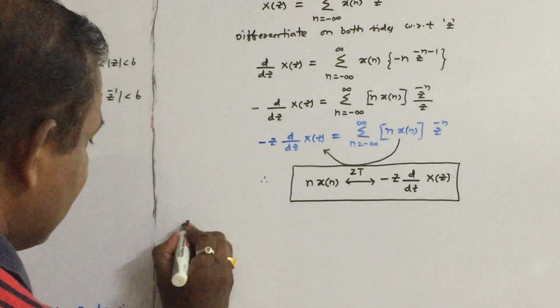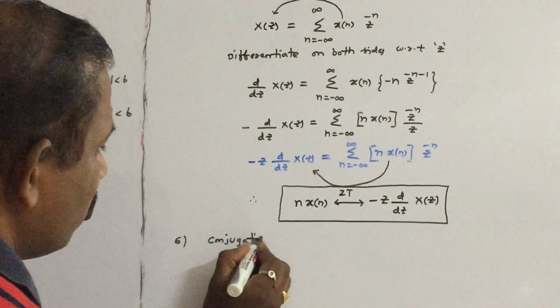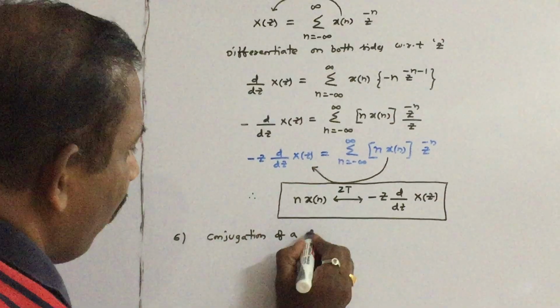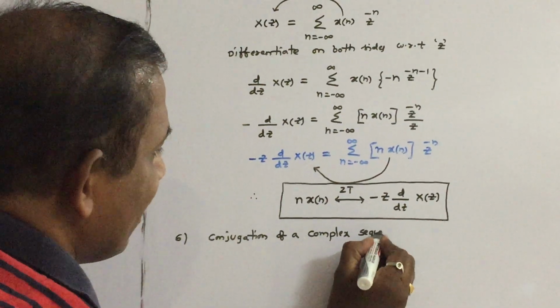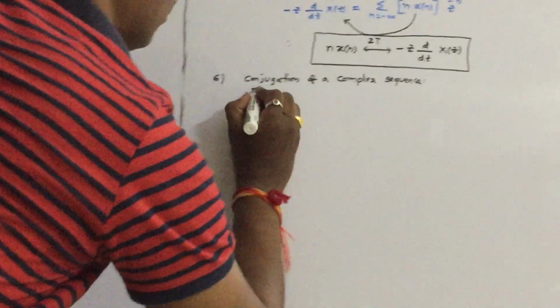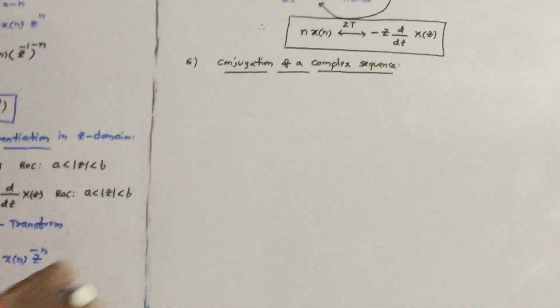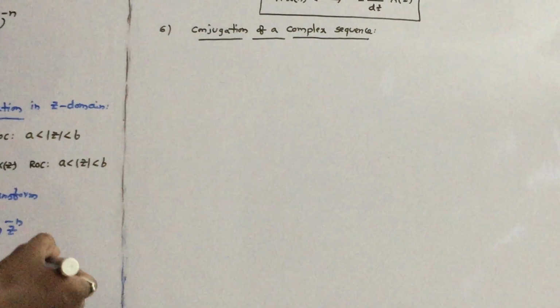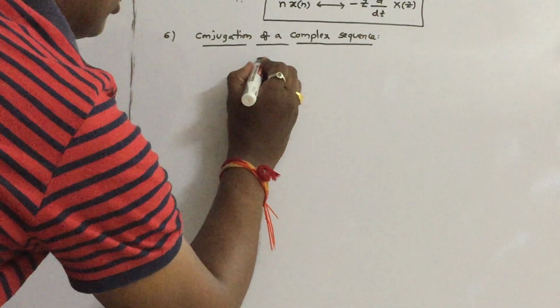Let us see the next property, sixth property, conjugation of a complex sequence. For example, if x of n is given as a complex sequence, you can also call it conjugation property. Let us see this very simple property.